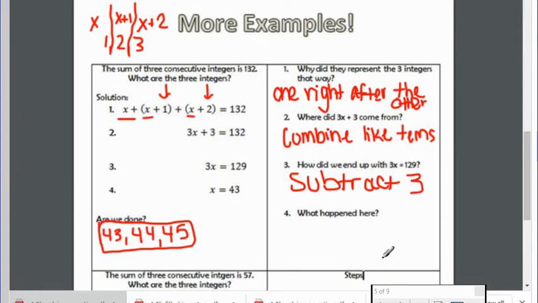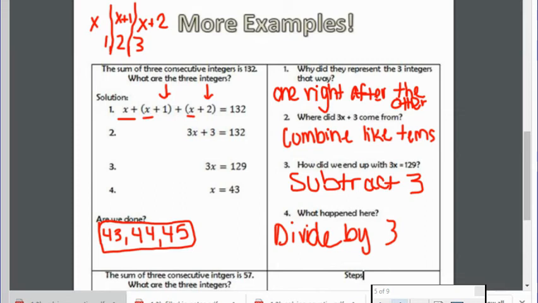What happened here? I don't know what they mean by here. I guess we divide by 3. Okay. We're going to do another one just like this.